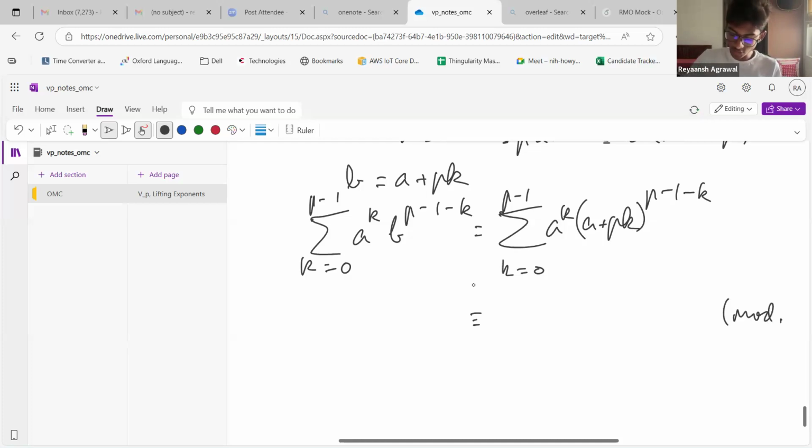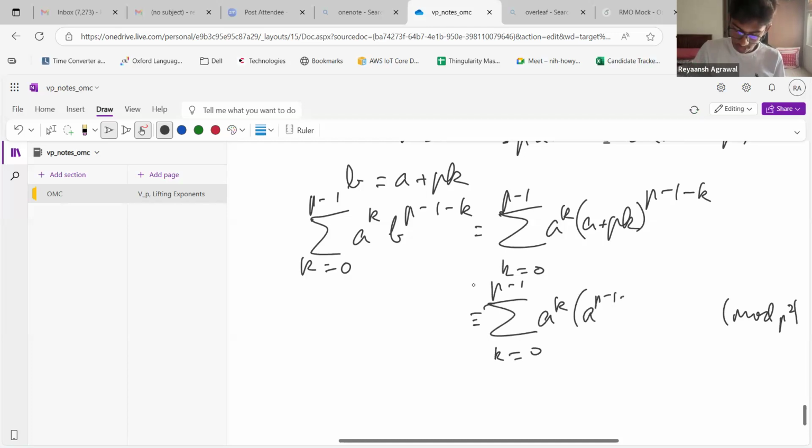Now can we say that this is congruent to something mod P square? We want to show that this is non-zero mod P square. How do we show that? We can just use the binomial theorem, and then remove stuff mod P square. So this would be A^k times (A^(P-1-k) plus P times A^(P-2-k) times PK).